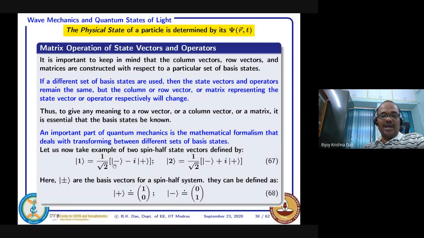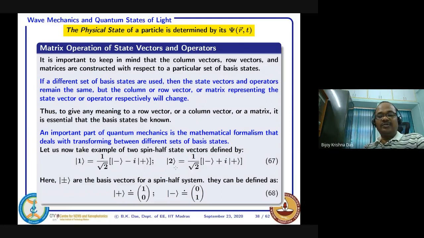That means I could decompose this vector 1 into two basis vector components. So the first basis vector component is 1 by root 2, and the second component will be minus i by root 2. These are the components of the vector ket 1.